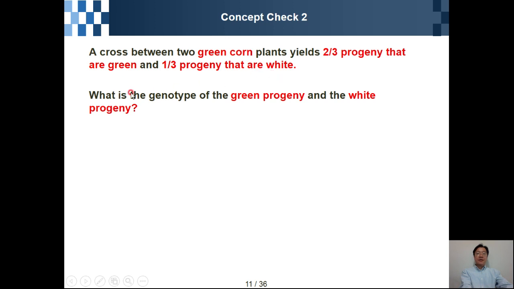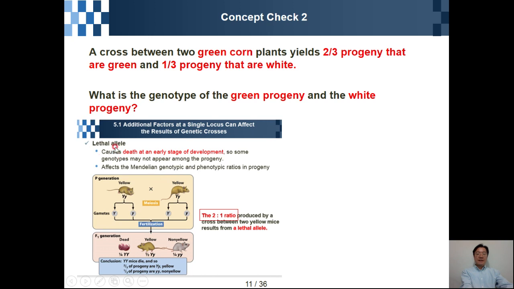What is the genotype of the green progeny and the white progeny? Now we found that the ratio is 2 to 1. In these cases, we have to think about a lethal allele, because a 2 to 1 ratio is usually the result of a lethal allele.